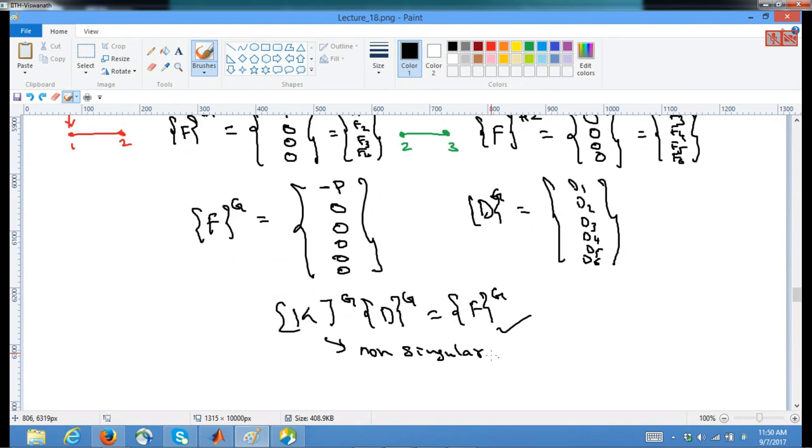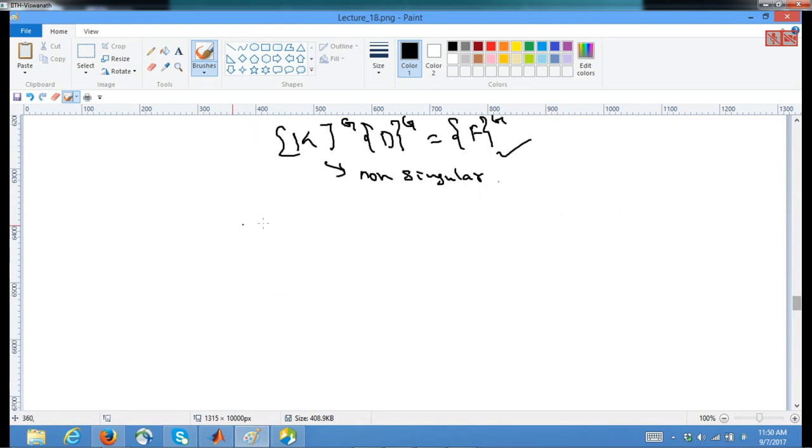So for that, what we need to do is condense it. We need to apply kinematic boundary conditions.